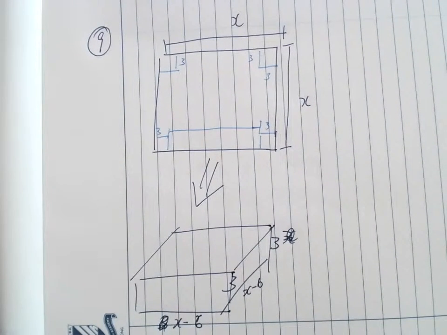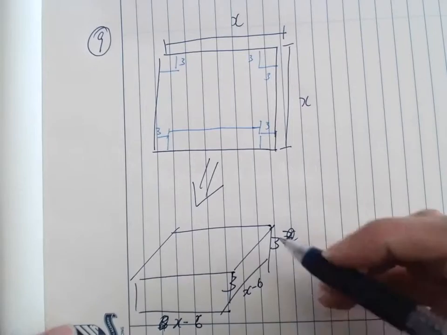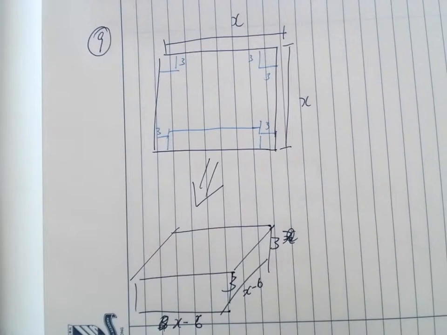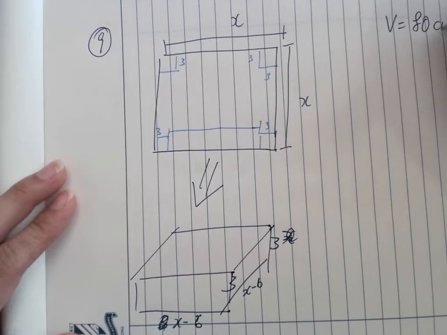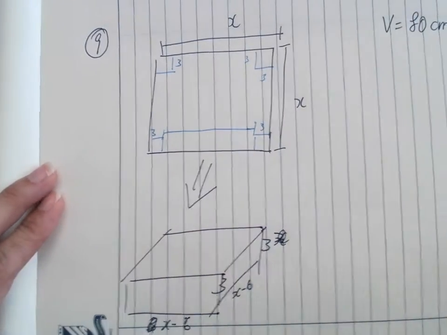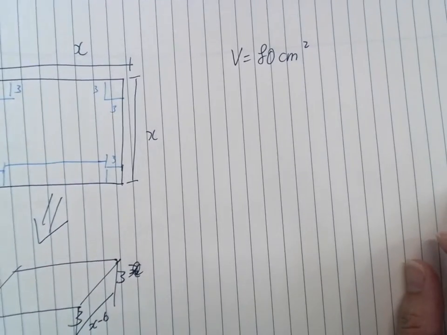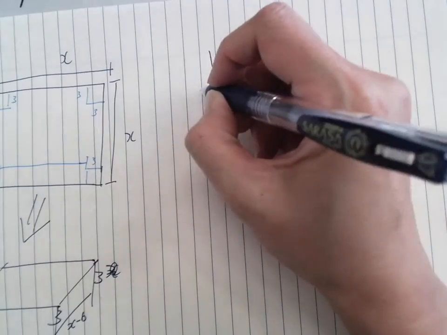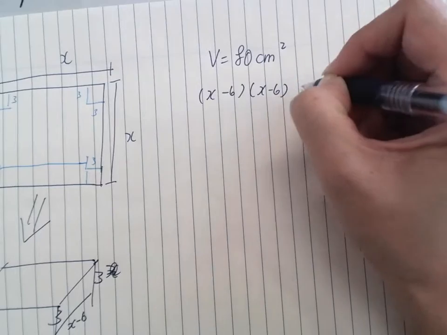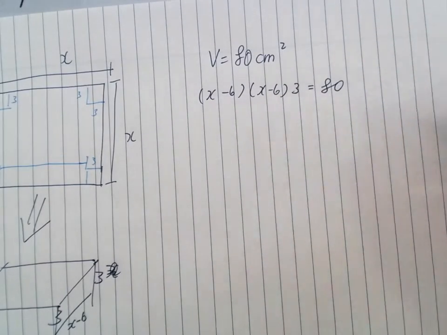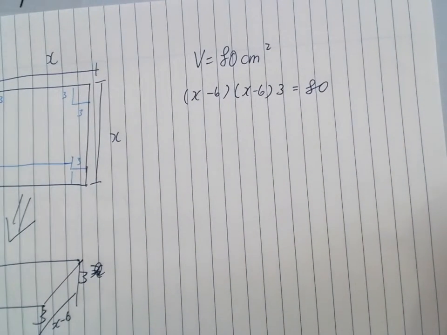Alright, if that is the case, then the question gives you that the volume is 80 cm cubed, which is base times base times height. So it's x minus 6 all squared times 3 equals 80. Then we solve the equation.